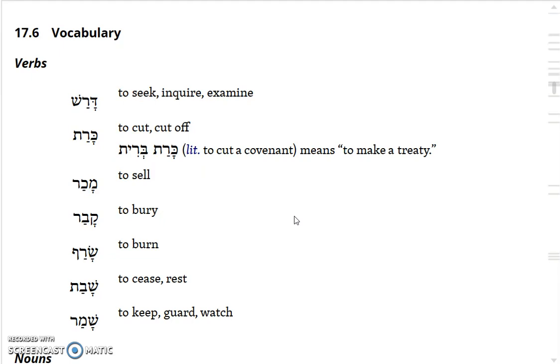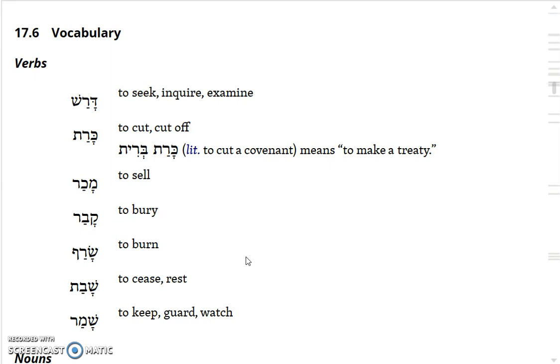Makar means to sell, and I always thought about selling my car, makar. But anyway, makar more precisely means he sold. Again, these are perfects, and perfects are usually past tense. And then qavar is to bury. Always remember that one because they qavared them over when they buried them.